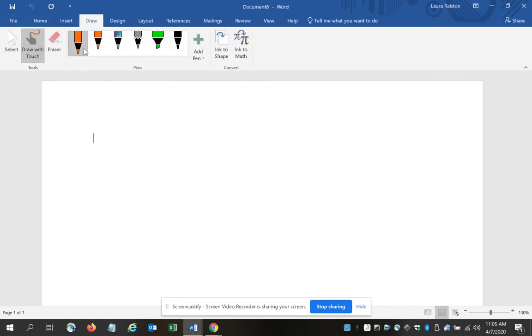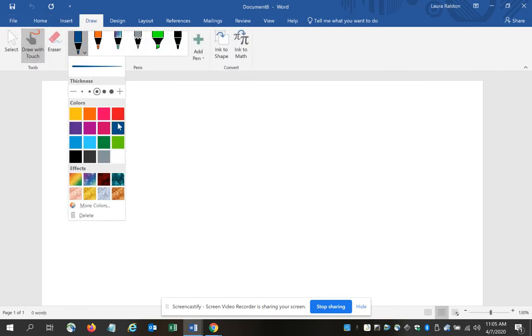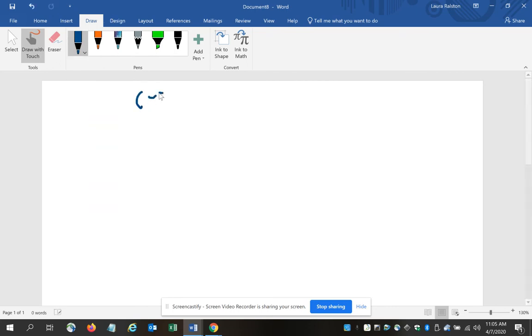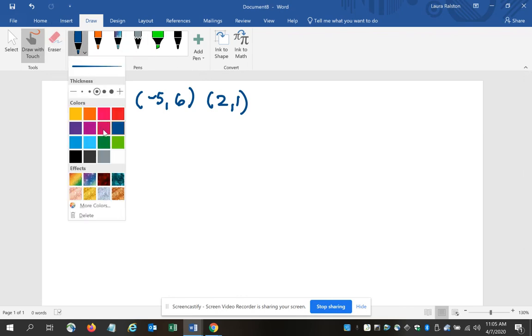We start with the 2 ordered pairs that they give us, which are (-5, 6) and (2, 1). Again, we're asked to write the equation. So hopefully you remember that you have to know a point and the slope and use point slope.